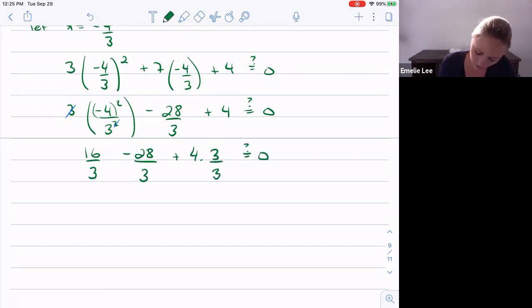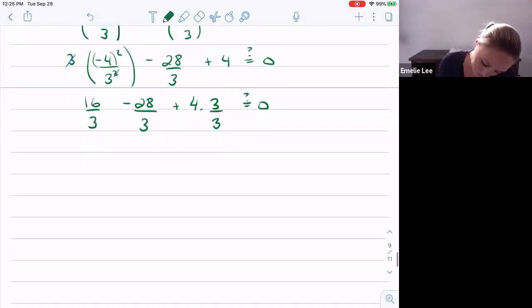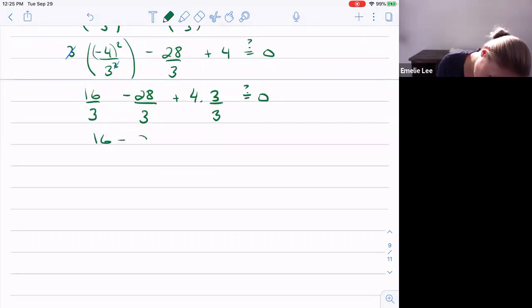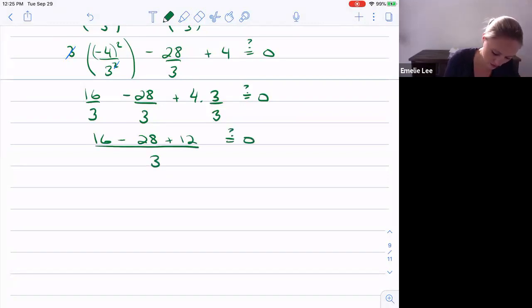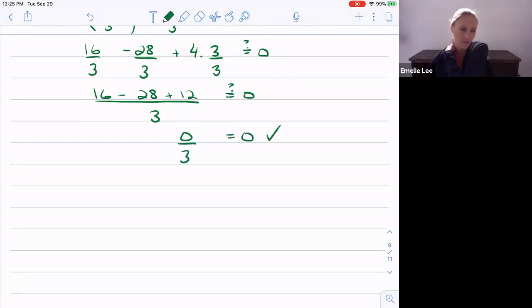Does it equal 0? So we've got a common denominator now because I forced it, right? All over 3. So now I can do 16 minus 28 plus 12, all over 3. 16 minus 28 plus 12 is 0. 0 divided by 3 is 0.